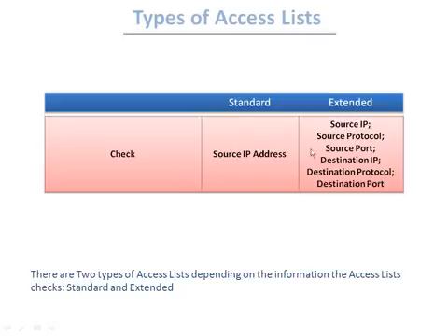Whereas extended access lists check where the traffic is going to and coming from, what type of protocol it is carrying, and ports within those protocols. So basically that means that extended access lists can specify that they want to block only telnet or FTP traffic that is coming from a specific host and is going to a specific host, whereas standard access lists cannot do that.